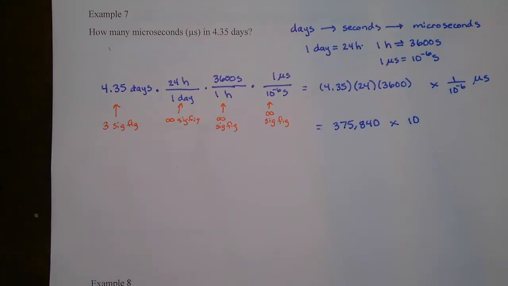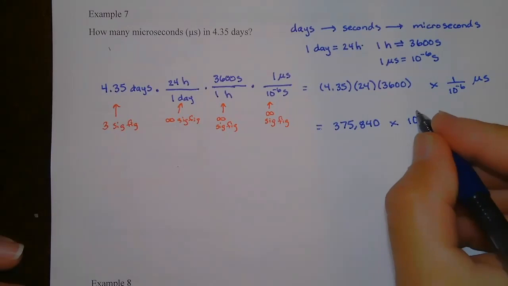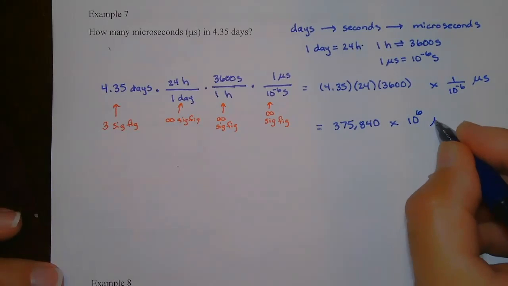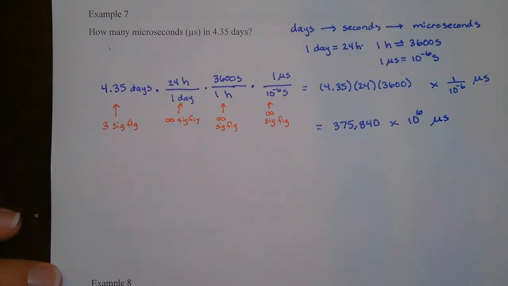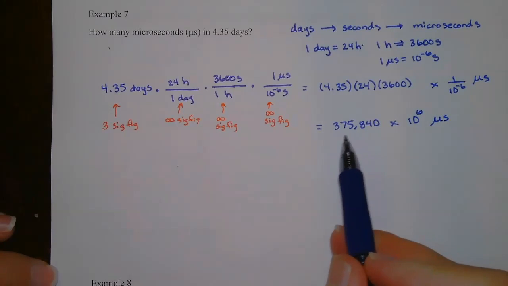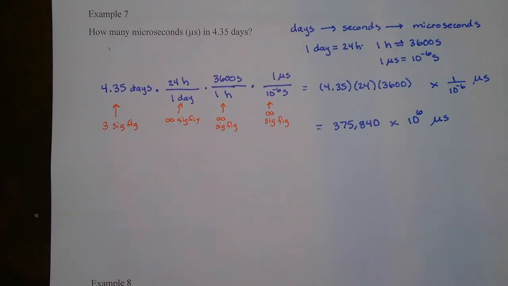So this is equal to 375,840 times 10 to the, okay, 1 over 10 to the negative 6 is 10 to the 6th. That's from math class. All of us should know that. Microseconds. Okay, now here's the problem. This isn't in scientific notation. This needs to be a number between 1 and 10.